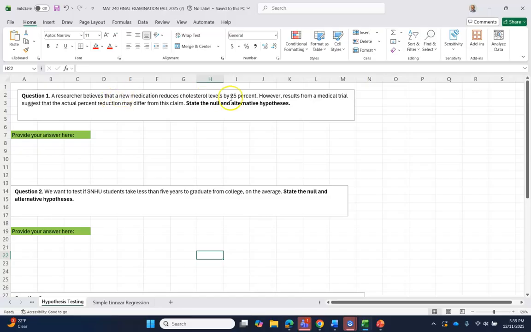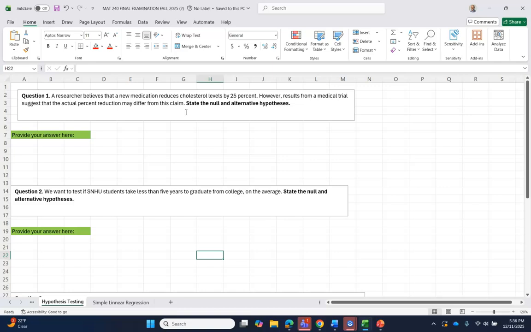You can say that there is a belief about the amount the cholesterol level can be reduced by the new medication. So that's the existing knowledge. But new results suggest that the actual percent reduction may differ from this claim.